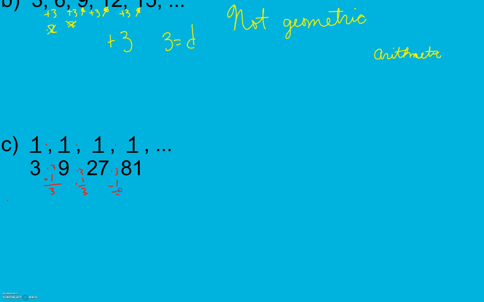So every time I'm multiplying by 1/3. Times 1 over 3, yep. Times 1 over 3, yep. So since I'm multiplying by 1/3 as my pattern, and multiplication means we're going to have a ratio. Since I have a common ratio, yes, this is geometric.